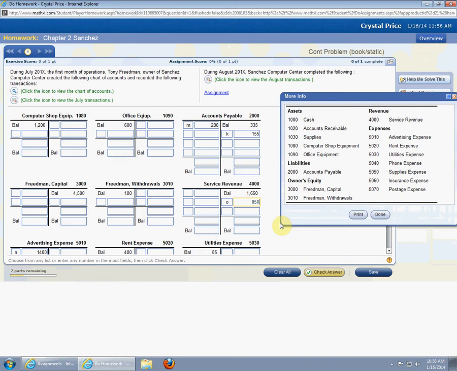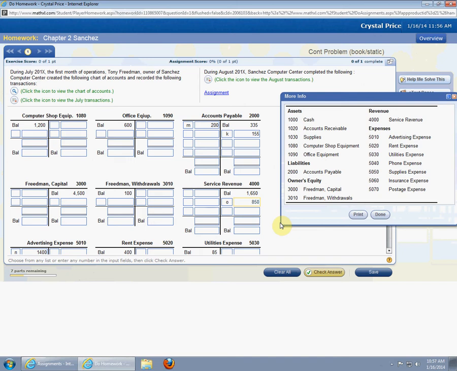Okay. What two accounts did you come up with? Cash and service revenue. Correct. Cash, what type of account? Asset. Are you increasing it or decreasing it? Increasing it. What's the rule? Debit. Service revenue, what type of account? It's a revenue. What are you trying to do to it? Increase it. What's the rule?